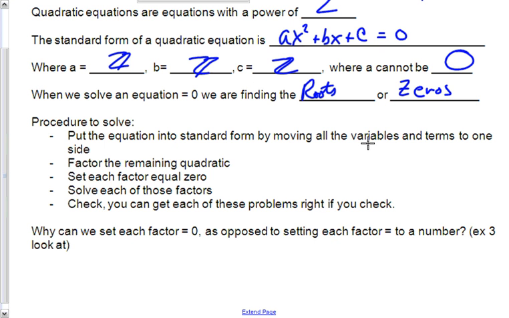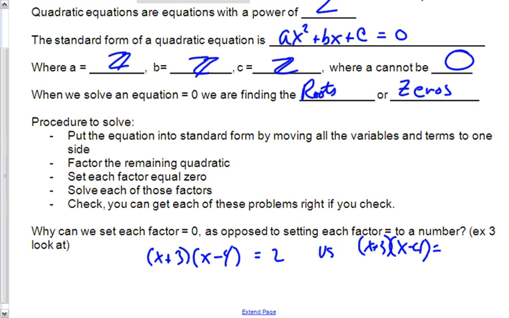One thing you have to realize is you must set each factor equal to 0, as opposed to setting it equal to a number. There's a big reason for that. If I have x plus 3 times x minus 4, and you set each of them equal to 2, you might say, I'll just make this one x plus 3 equals 2, and then x equals negative 1.